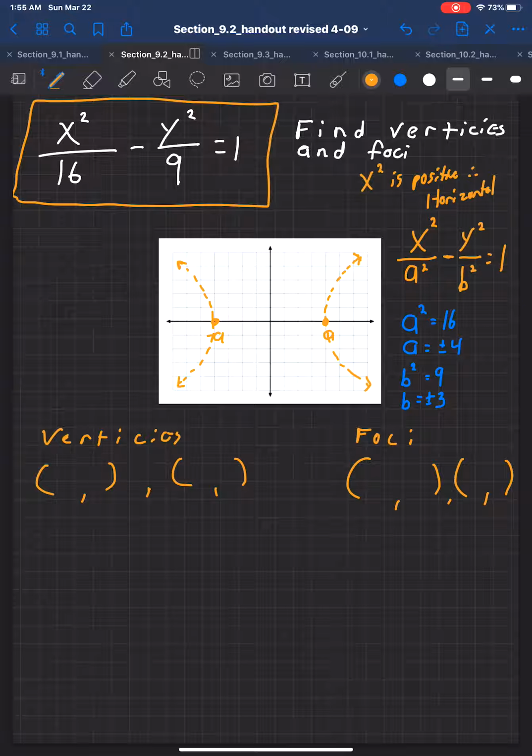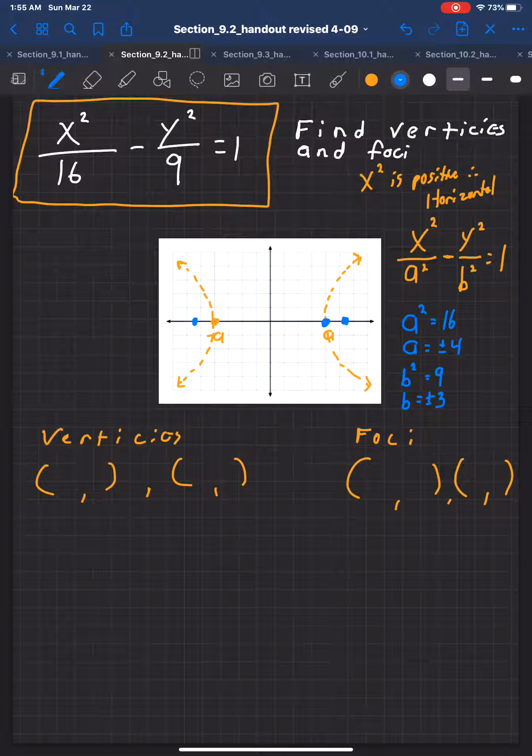Now, what I need to do is figure out the focal points, right? Notice that the focal points are always going to be behind the branch, or you could say the branch opens towards the focal points. Let me start with answering the question of the vertices.